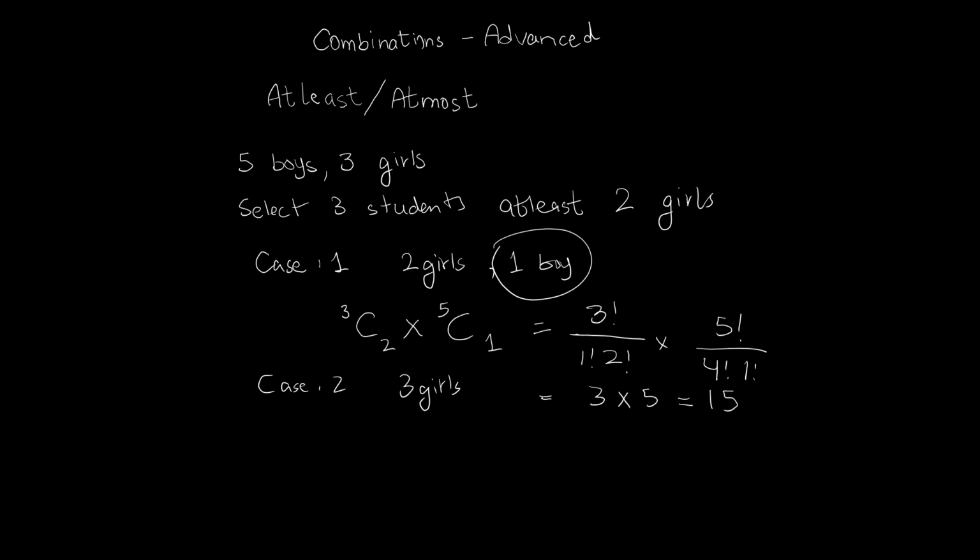Let's see what number we get from the second case. So 3 girls means we choose 3. Since there is no boy, we don't need to calculate for that. So finally, we have a 0 factorial, which I told you earlier is just equal to 1.